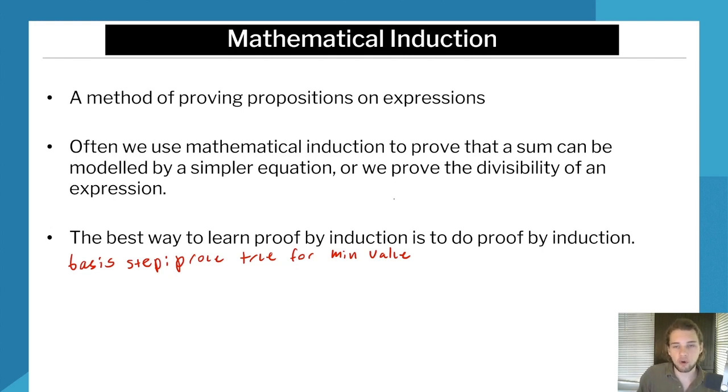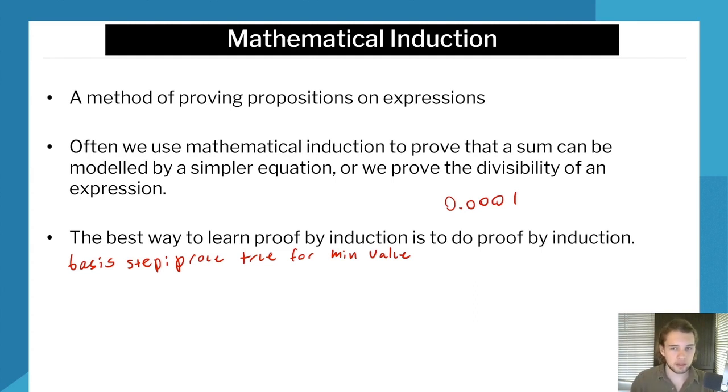So if I said for all integers above 1, then there is a true minimum value because 2 is the smallest possible value. On the other hand, if I said for all real numbers above 0, there's no true minimum value because if I go 0.0001, I can still go smaller. You can infinitely go smaller and smaller, so that is not a well-ordered set.